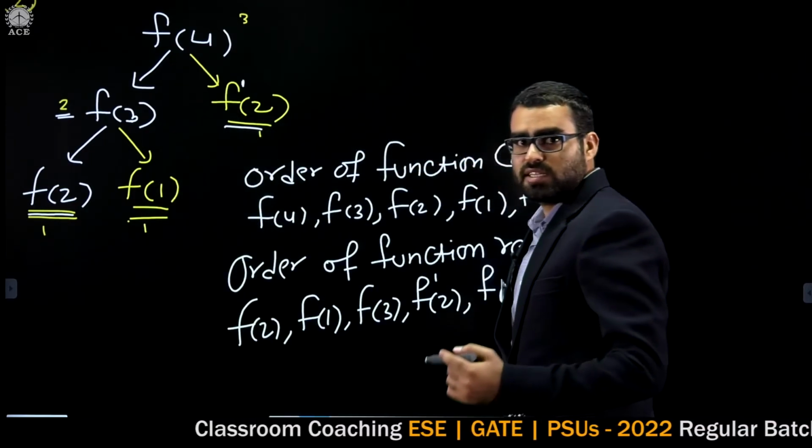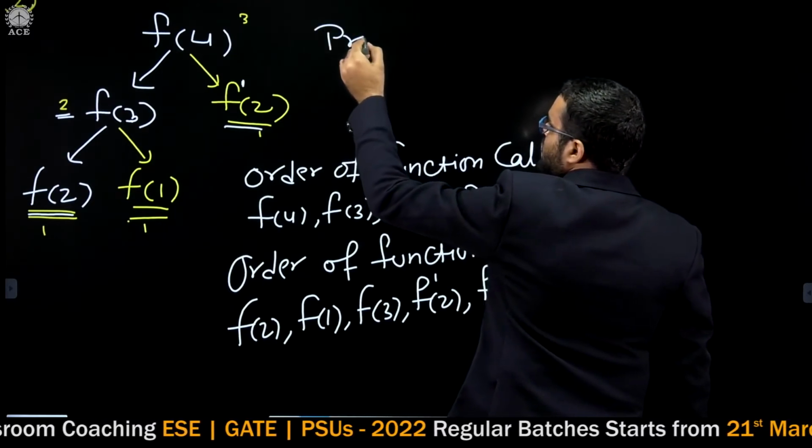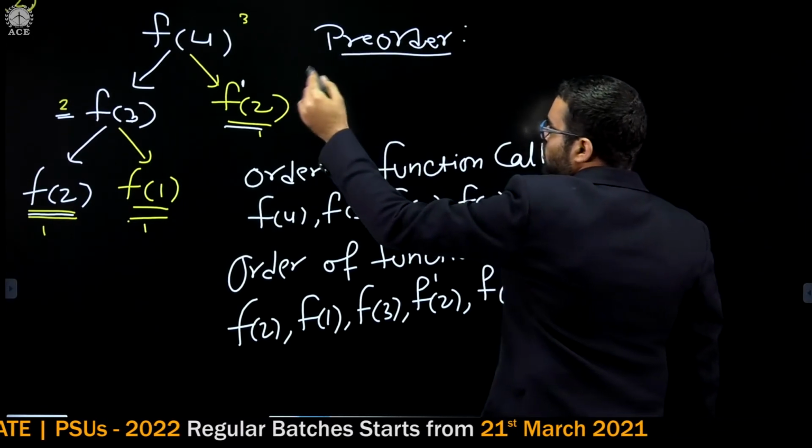If I write the pre-order traversal, what will it be? So let me write the pre-order traversal. What is the pre-order of this tree?